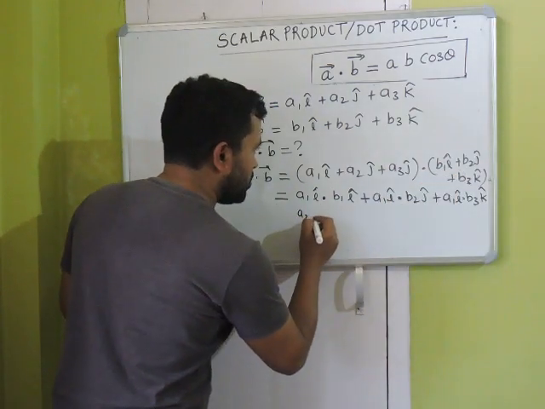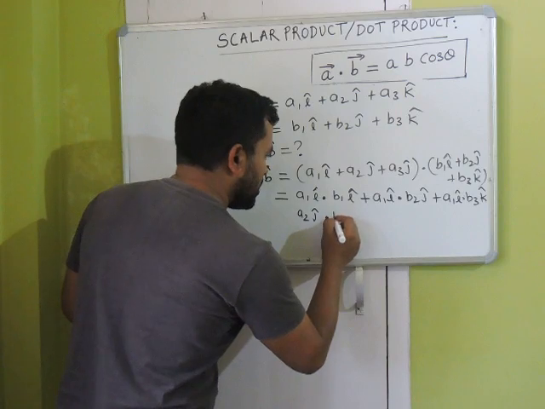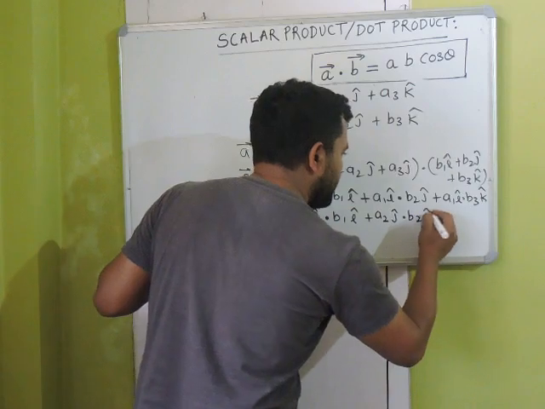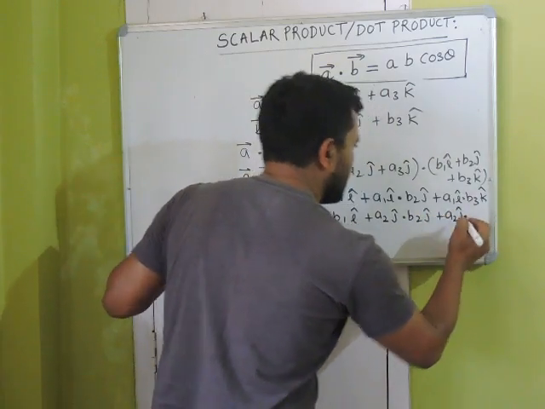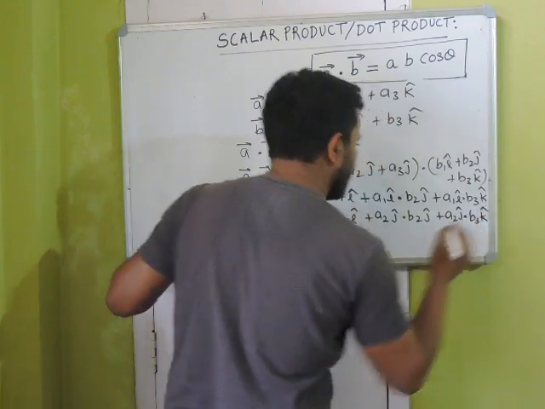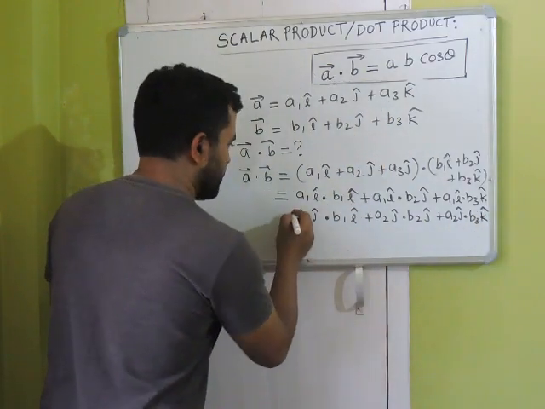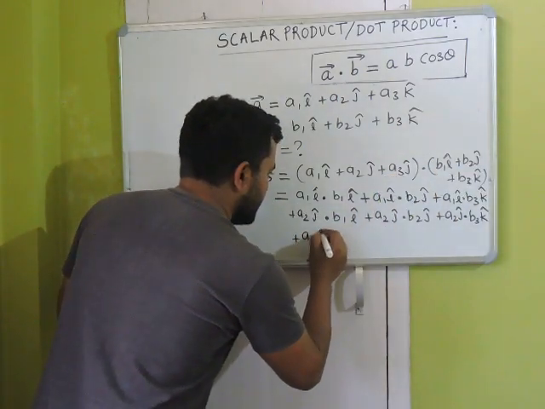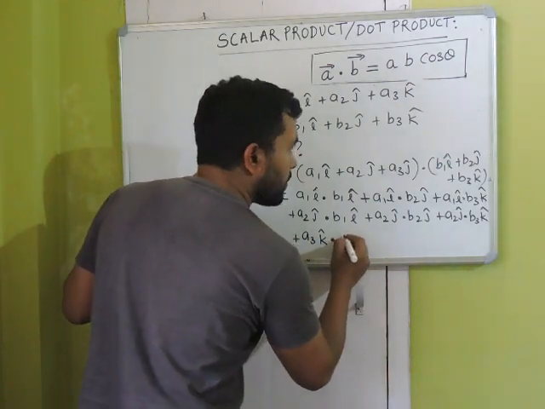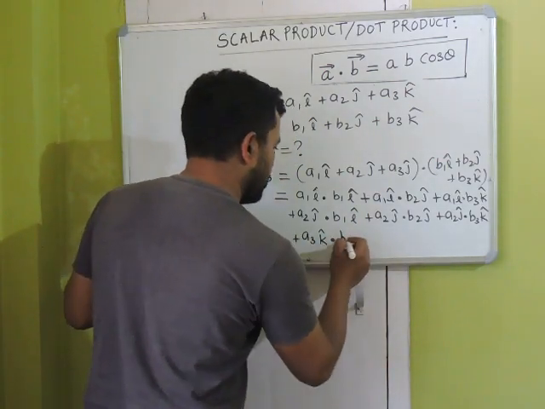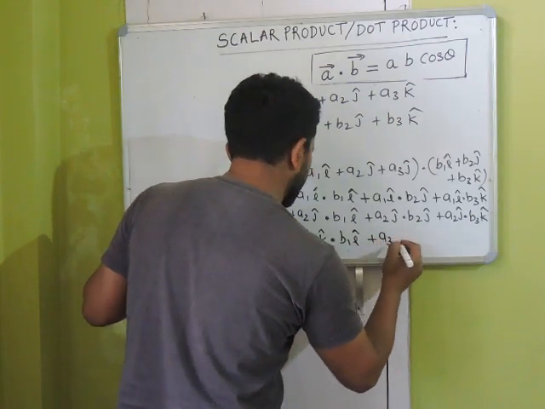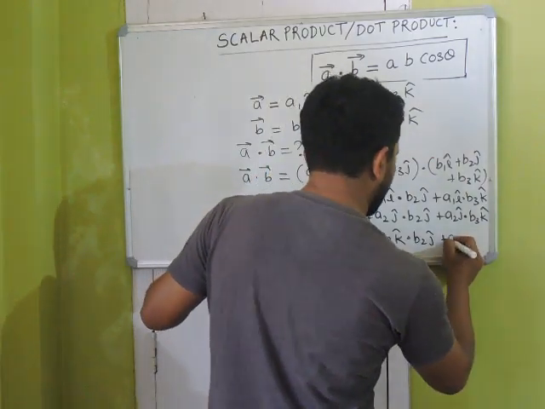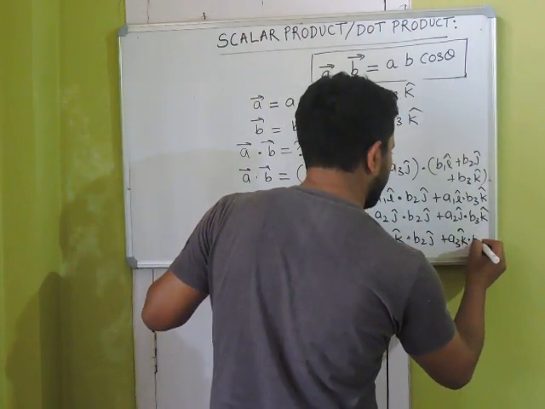So writing A2 j cap dot B1 i cap, A2 j cap dot B2 j cap, A2 j cap dot B3 k cap, and plus more with A3, again 3: A3 k cap dot B1 i cap, A3 k cap dot B2 j cap plus A3 k cap dot B3 k cap.